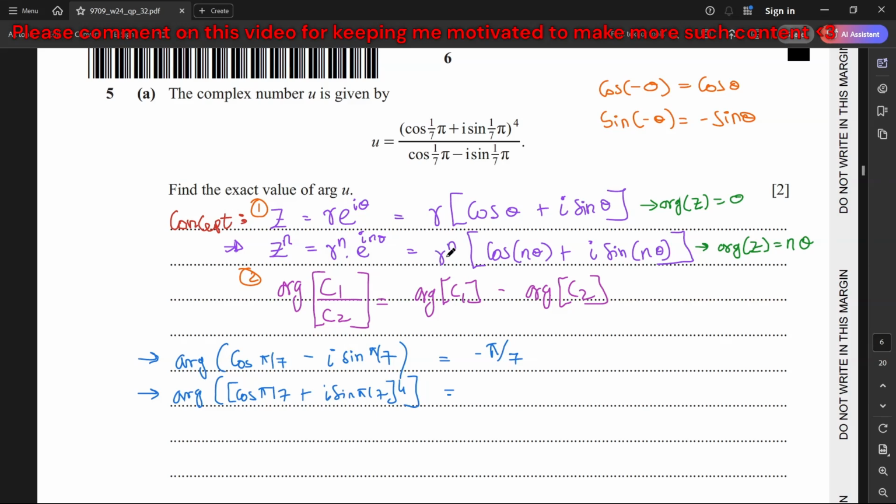So r power of n is written as it is, then e power of i n theta can be expressed as this, where the argument, that is n theta, can be written over here like this. So for this type of equation, I know that the argument of this complex number is always going to be n theta. And now there is a positive sign, so I don't really need to deal with the conversion. So the value will be n theta. n is 4, theta is pi by 7, so it is going to become 4 pi by 7.